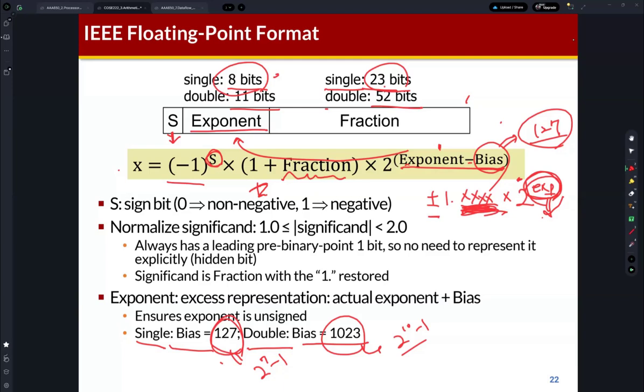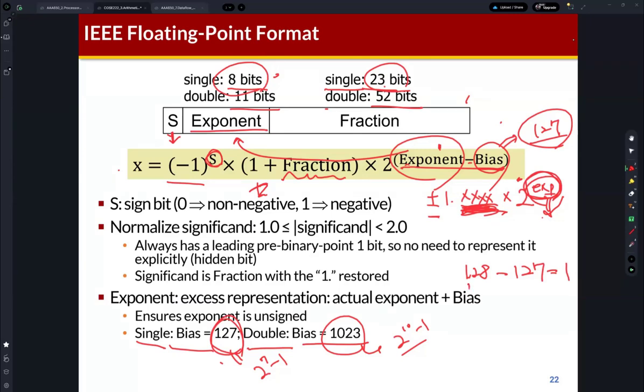So what does that mean? If the exponent field is 128, then the real exponent is 128 minus 127, so it's 1. Do you understand?